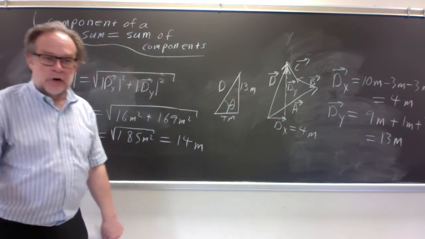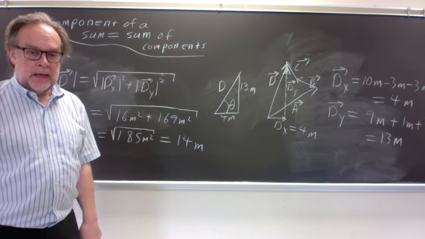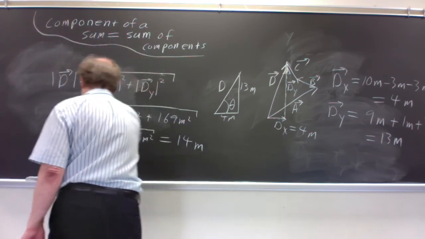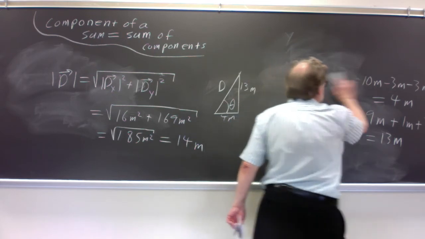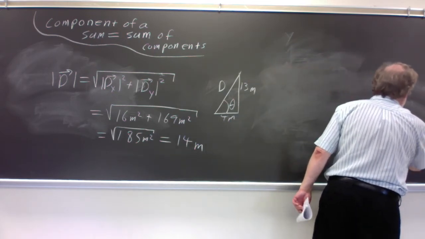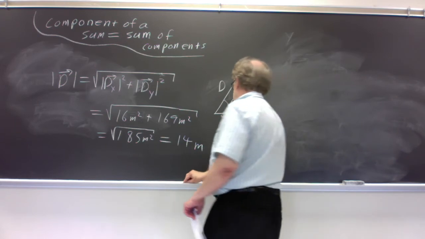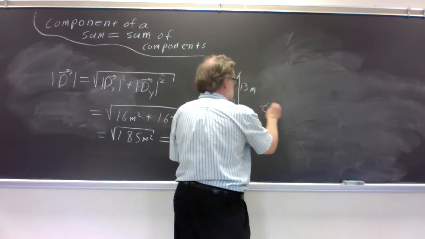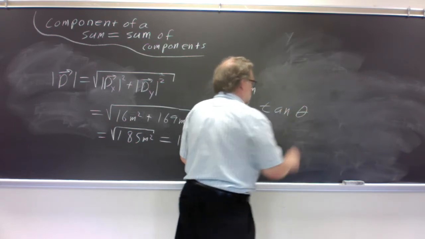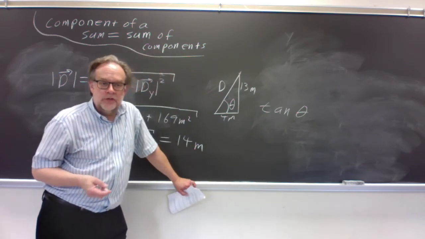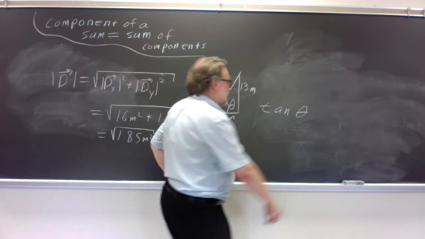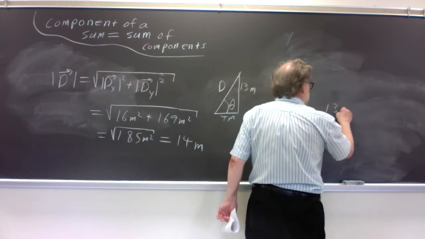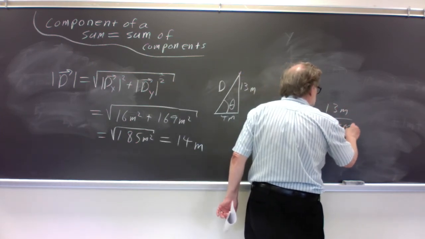We'll take that for our direction angle, and that means that the tangent of that angle is a ratio of the side opposite over the side adjacent. Side opposite is 13 meters, side adjacent is 4 meters.